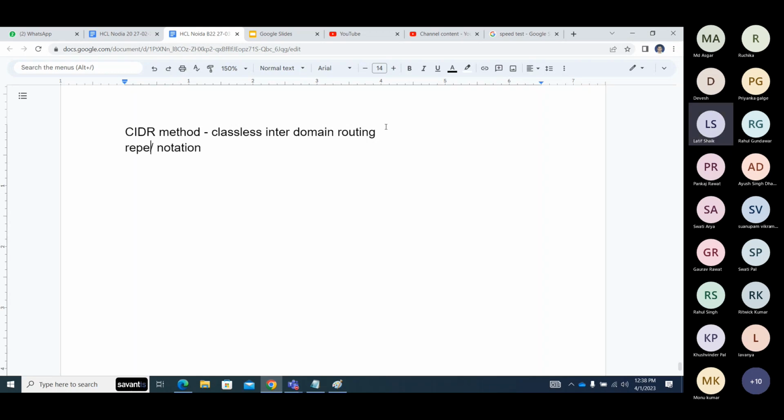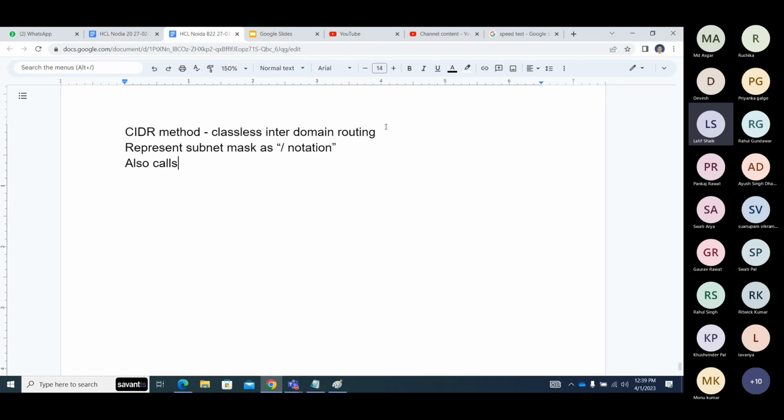It represents the subnet mask as a slash notation.